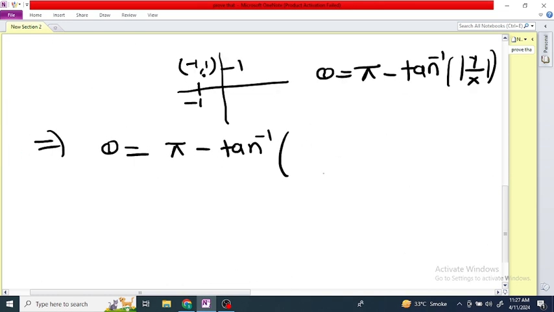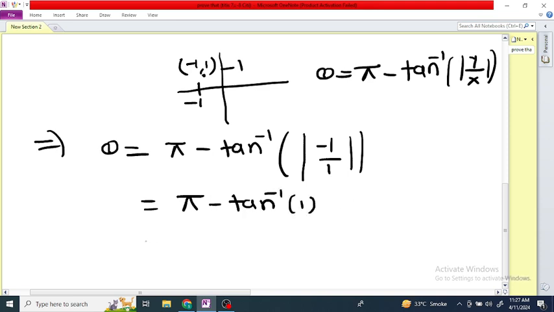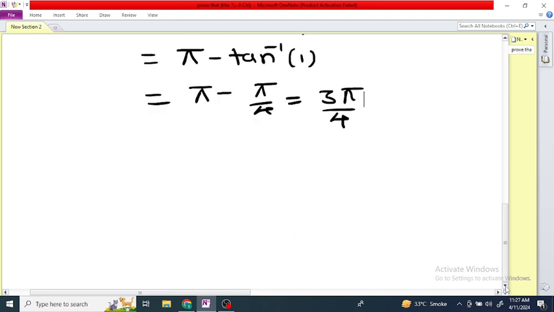So this is equal to mod of 1 divided by -1, which is nothing but pi minus tan inverse of 1, which is equal to pi minus pi by 4, so this is equal to 3 pi by 4, and hence r is equal to the square root of 2 and theta is equal to 3 pi by 4.